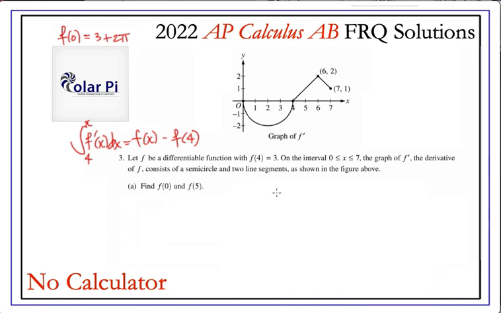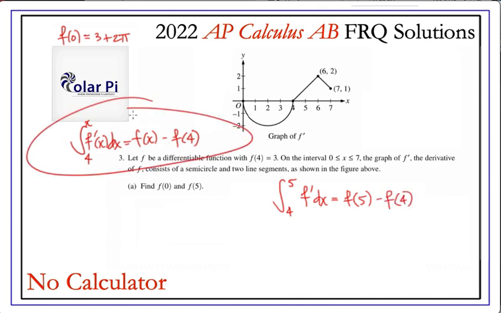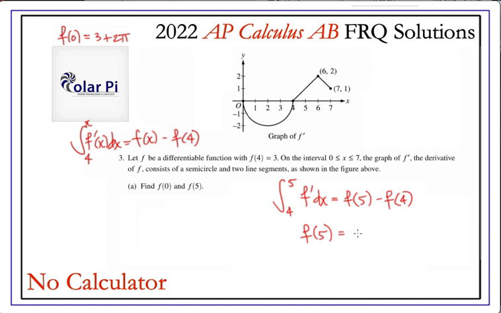To get to f of 5, we will want to write the integral from 4 to 5 of f prime dx and write that this is equal to f of 5 minus f of 4, right? So we're just using this here. Okay, cool. So then f of 5 is equal to f of 4 plus the integral from 4 to 5.